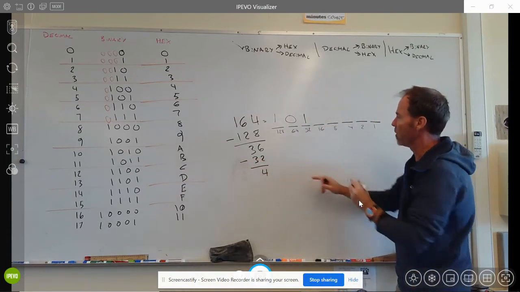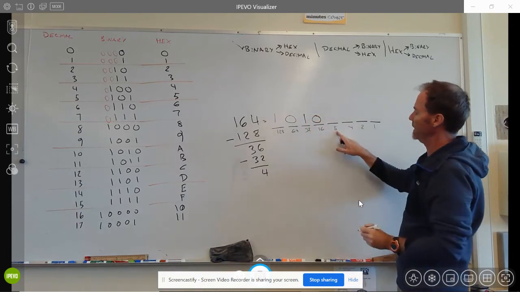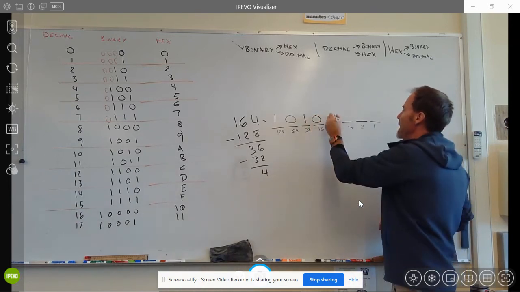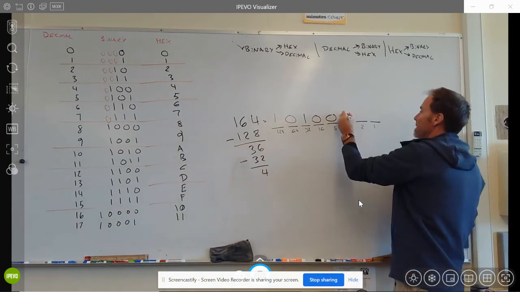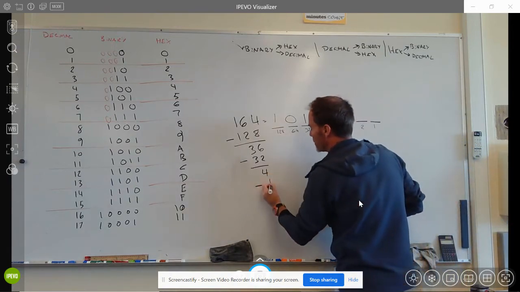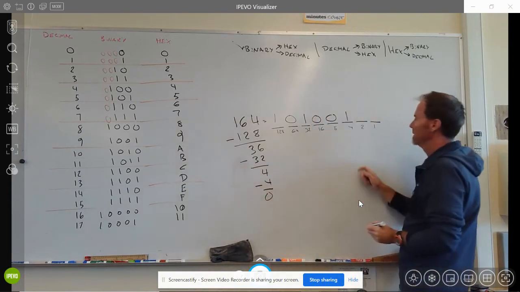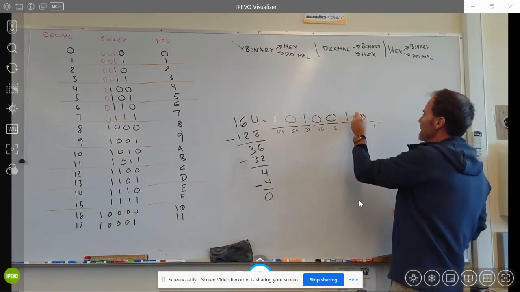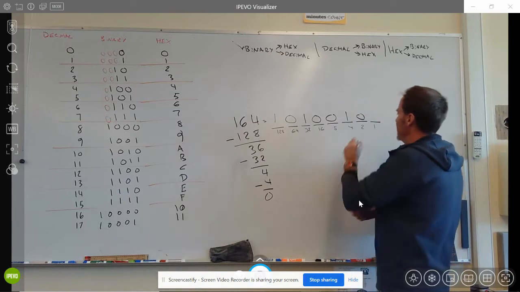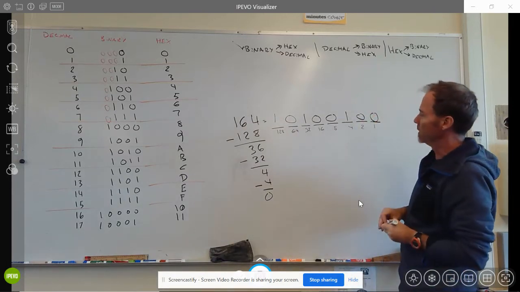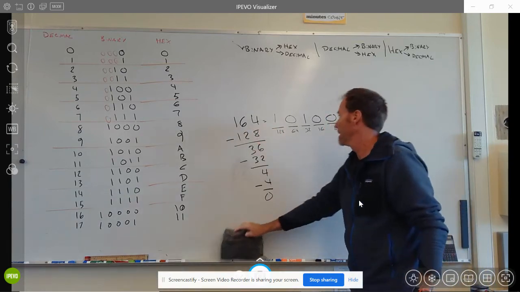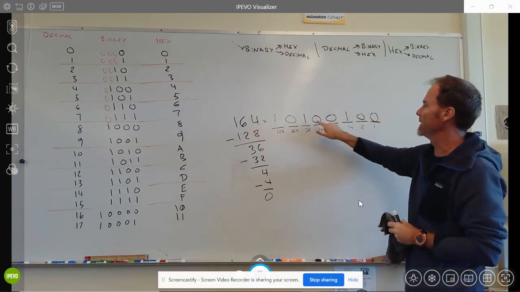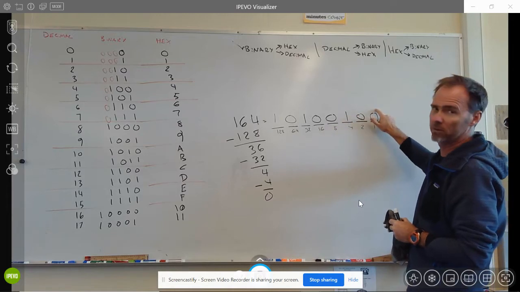Is 16 smaller than 4? No. 8 smaller than 4? No. 4 smaller or equal to 4? Yes. So I use that, I subtract 4 out, leaving me nothing. 2 smaller than nothing? Nope. 1 smaller than nothing? No. So basically, 164 is the same as 10100100.